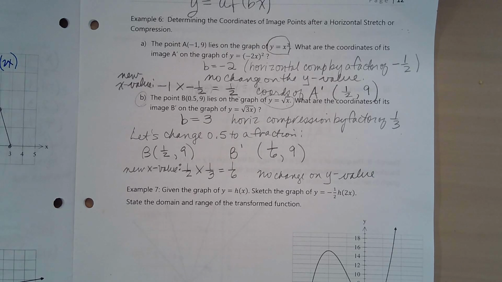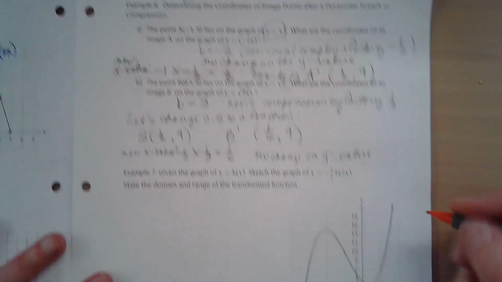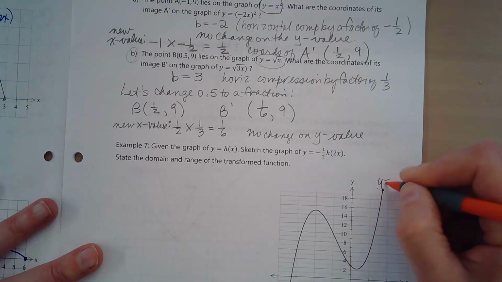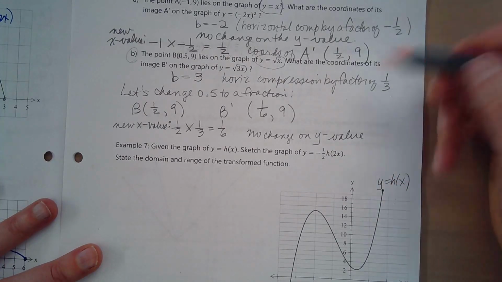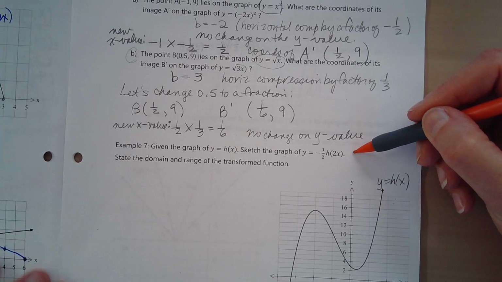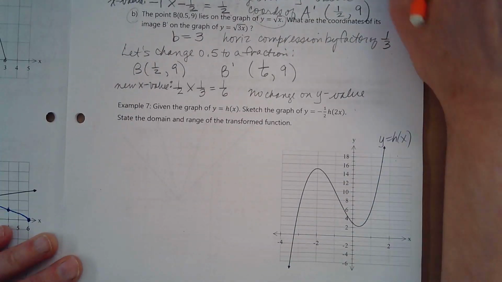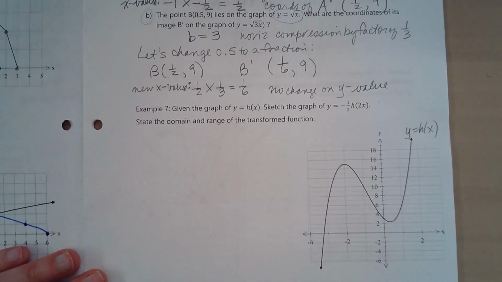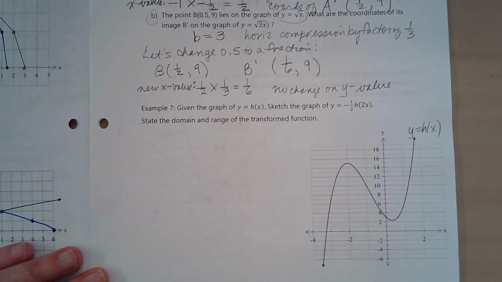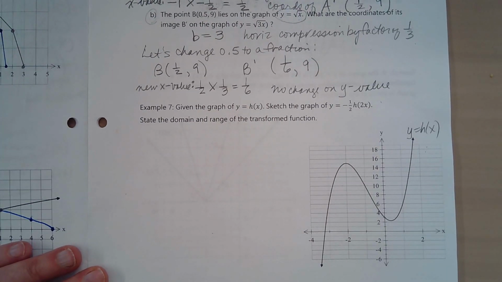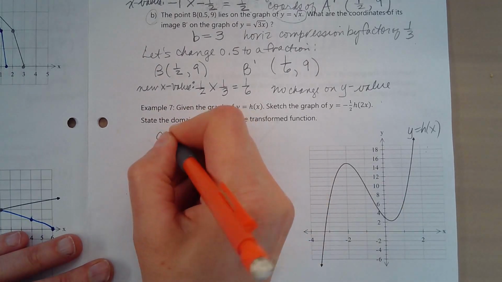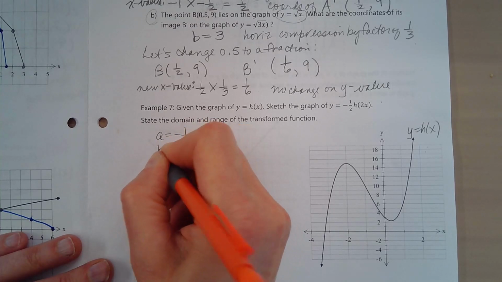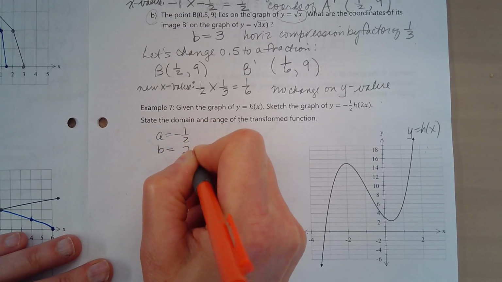Okay, let's take a look at example 7. Given this graph, this is the graph they gave us to work with, so they're calling it h of x. Sketch this new graph. This time I've got a little bit of a combined transformation because I've got an a and a b value, so a equals -1/2, b equals 2.